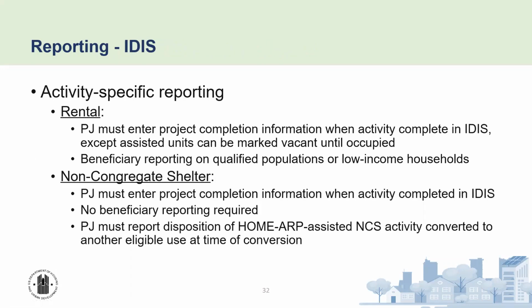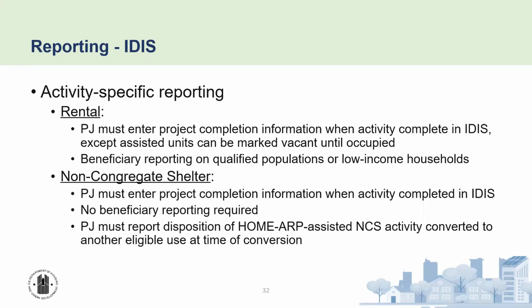So let's talk a little bit about what PJs are required to report in IDIS. For HOME-ARP rental activities, the PJ must enter complete project completion information when it completes the activity in IDIS, except the assisted units can be marked vacant until they are occupied by eligible households.